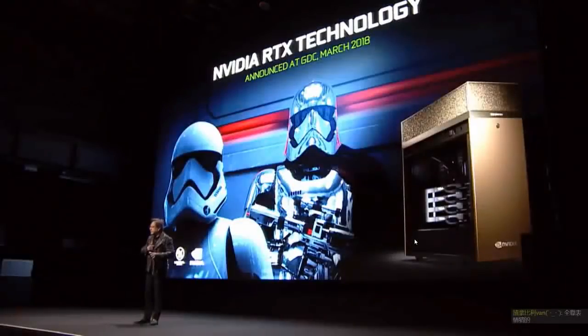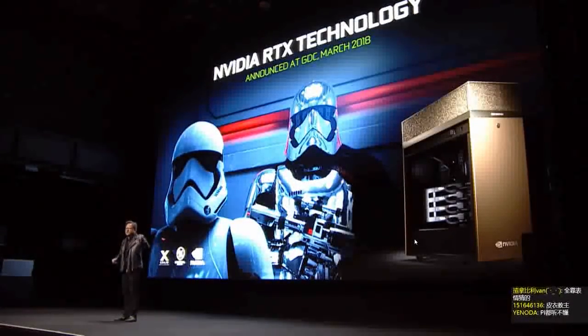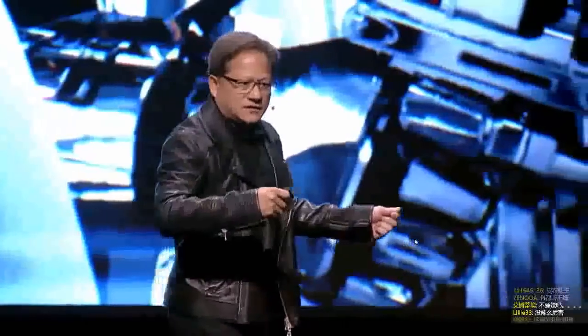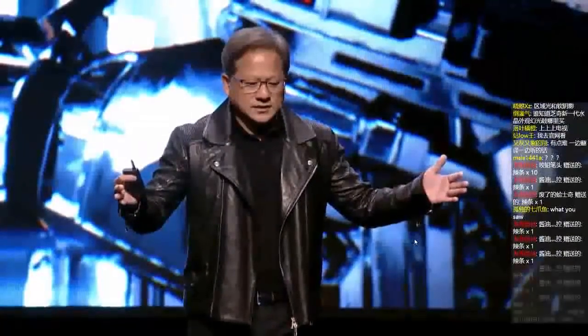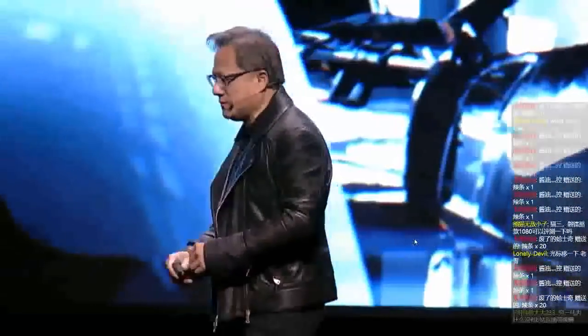And notice the inner reflection. There's reflection of Phasma on her gun, and there's reflection of her gun on her chest. And if you look at the stormtroopers, the illumination and reflections are all completely in real time.